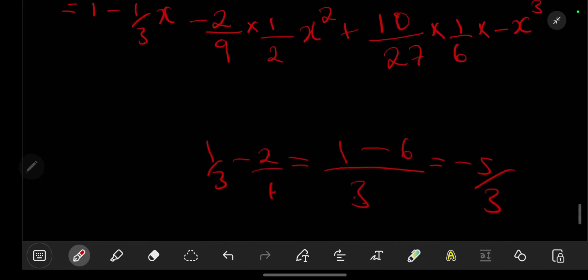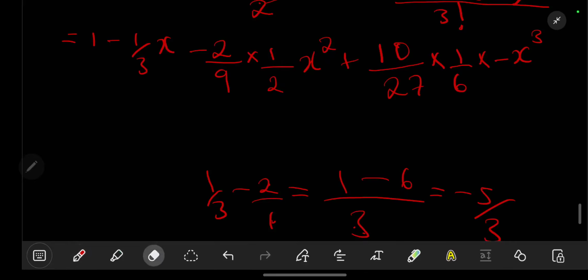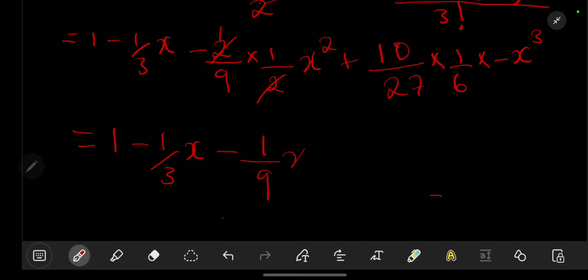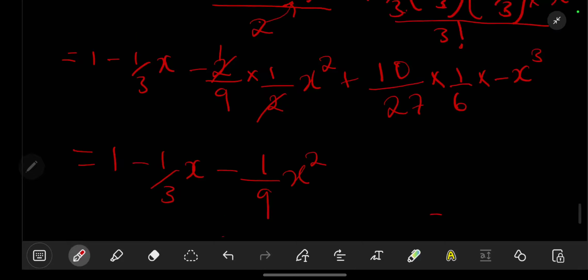So when we expand, we are going to end up with the value of, we have 1 minus 1 over 3 x. Then these 2 and these 2 cancel. We are remaining with negative 1. Negative 1 by 1, it will be negative 1 over 9. Then we have our x squared like that.